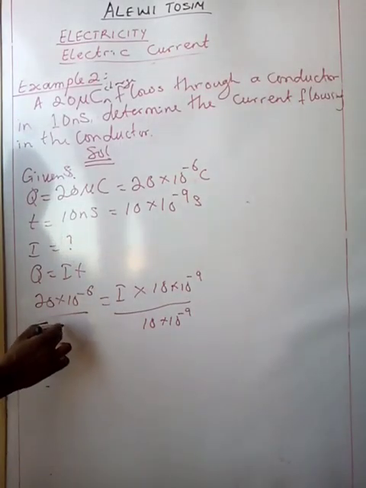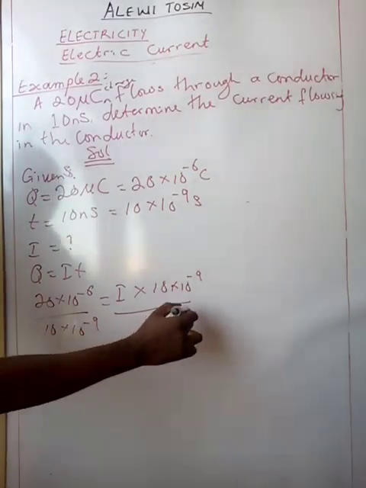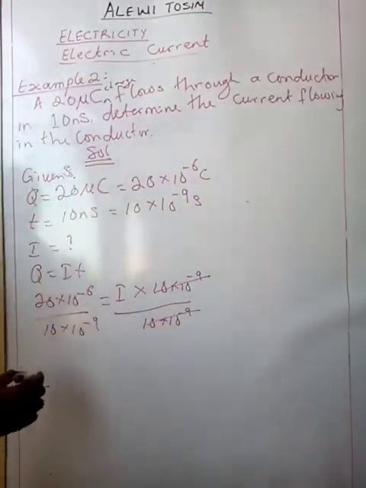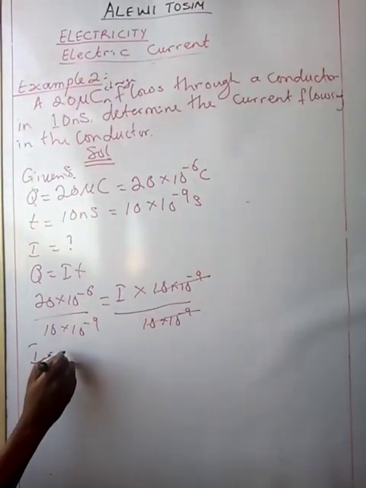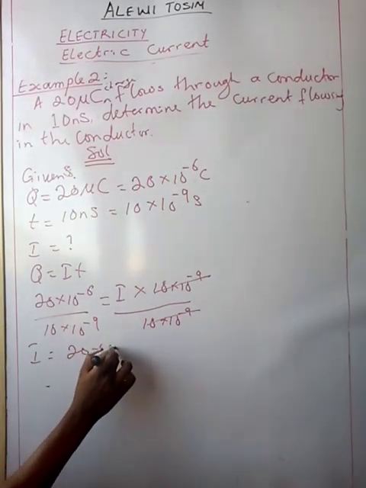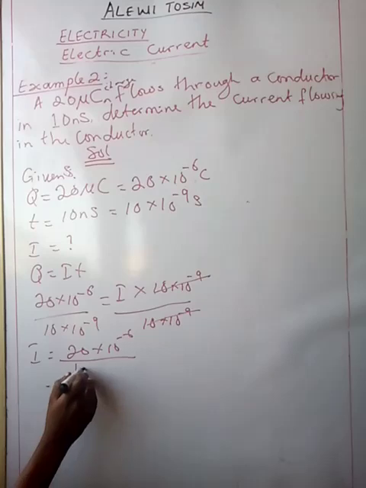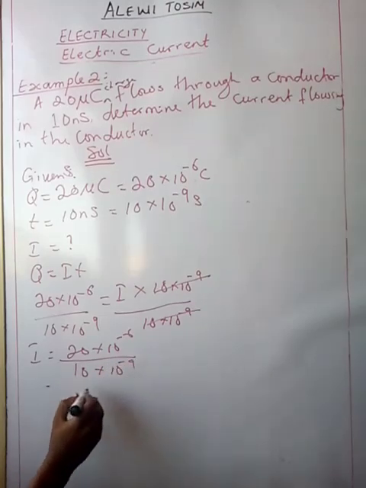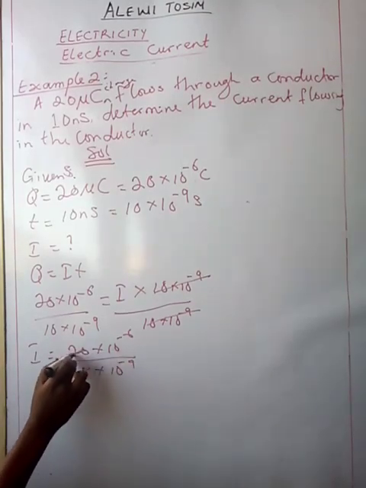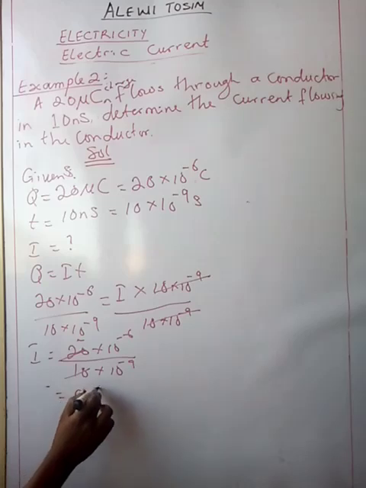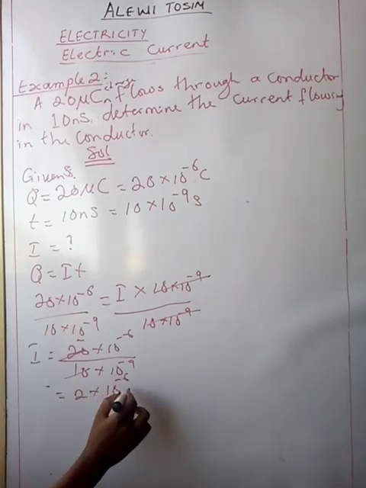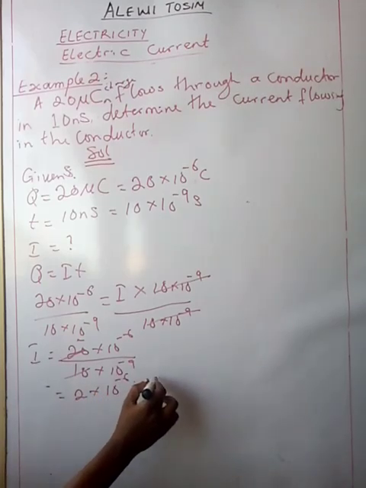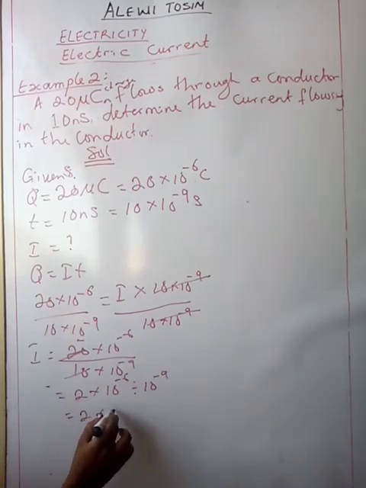This cancels this, so I is equal to 20 times 10 to the power minus 6 over 10 times 10 to the power minus 9. We have 2 times 10 to the power minus 6 divided by 10 raised to the power minus 9.